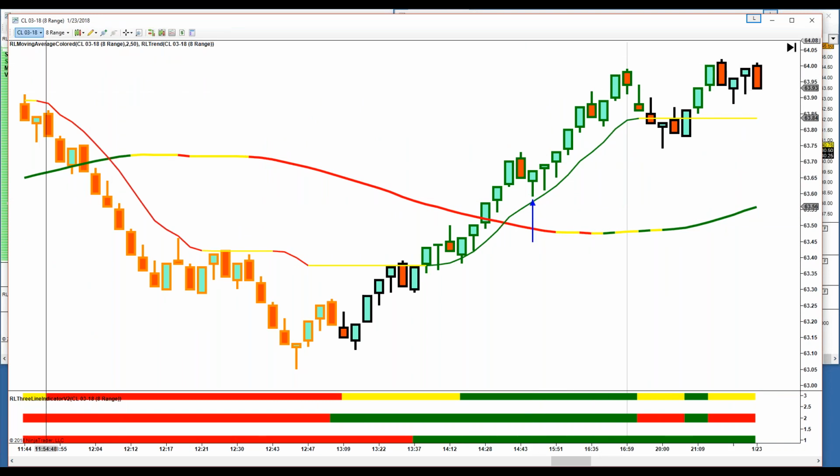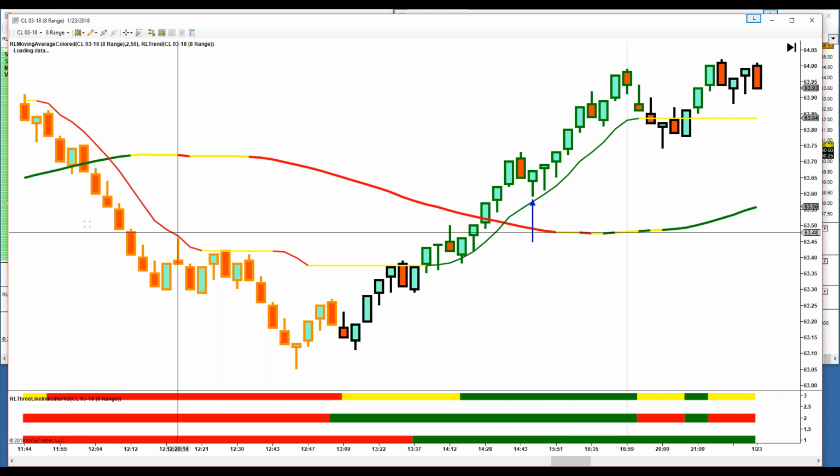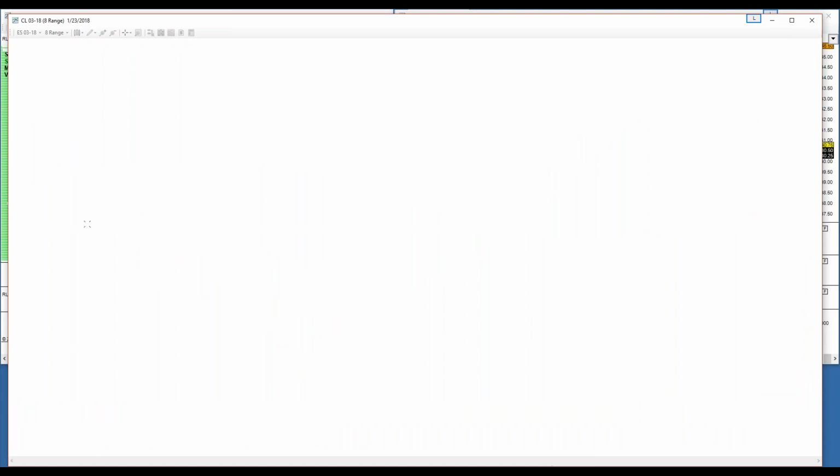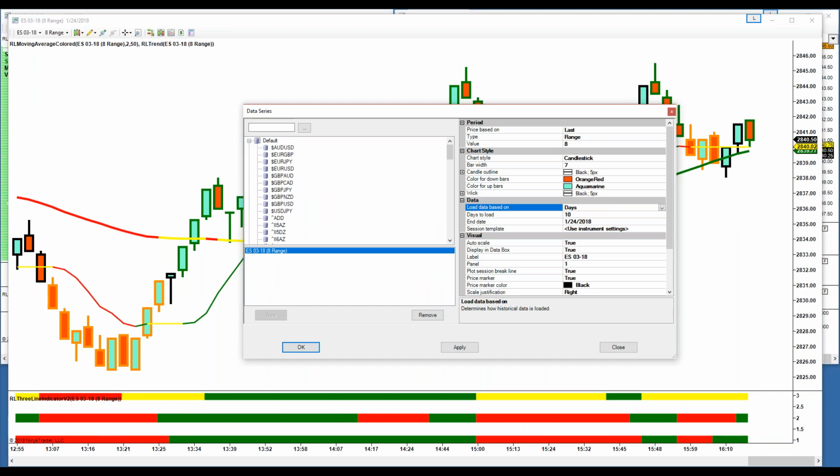Let's move to the E-mini. I have a bunch of stocks on here. Here's the ES. And let's change it. I trade that on a 5 range.